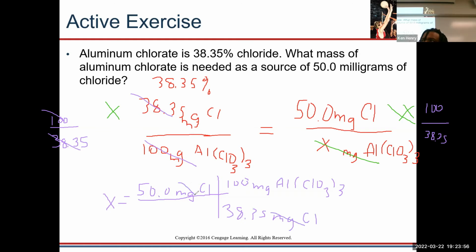So milligrams of Cl are going to cancel out, and then I'm going to be left with my value.